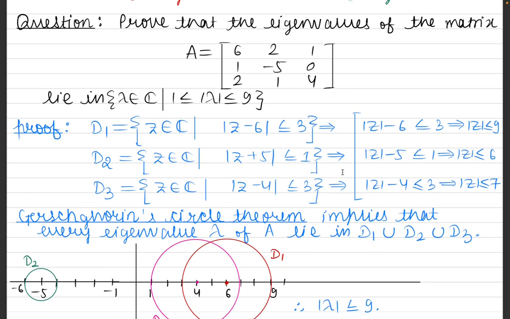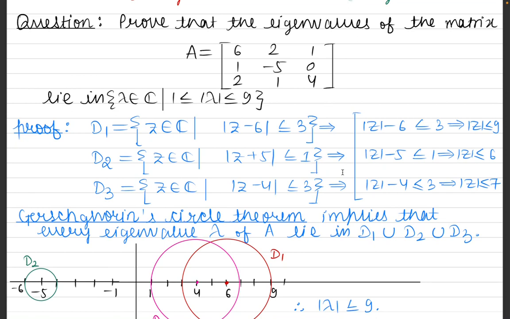Okay, so your D1 will be z in C such that |z minus 6| is less than 3.